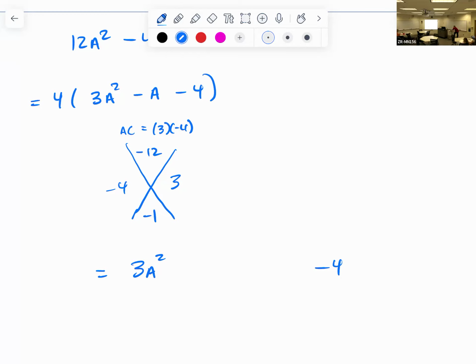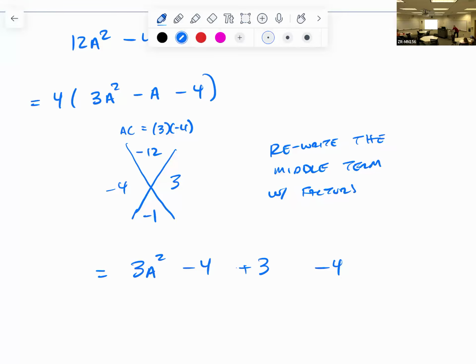I cannot jump to the factors here, but I rewrite the middle term with the factors. So that means -4 and +3.